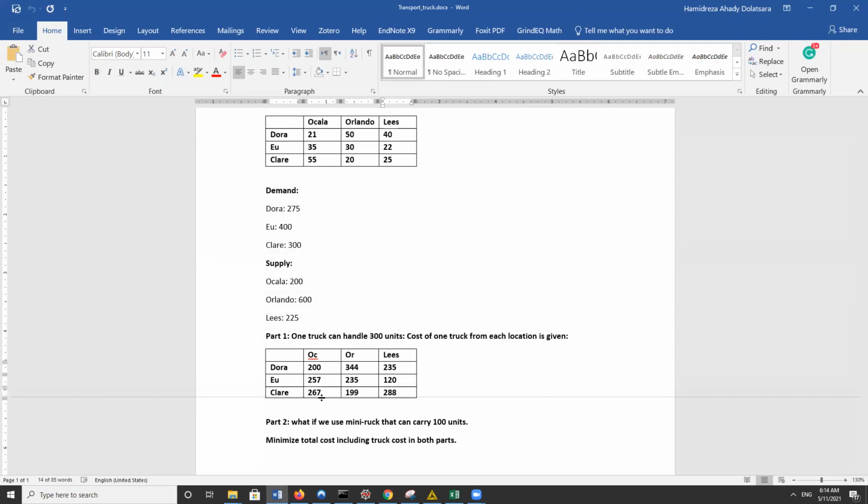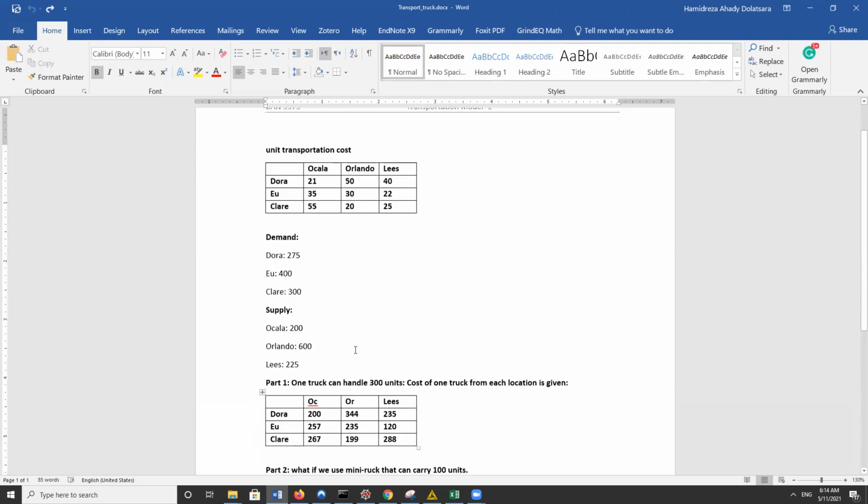On top of that, we have material costs or product costs, transportation costs, and some limitation in terms of truck capacity.